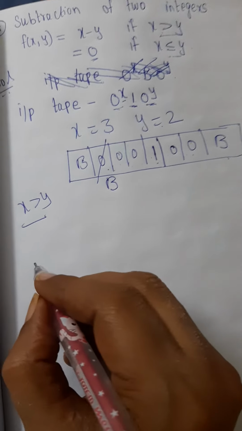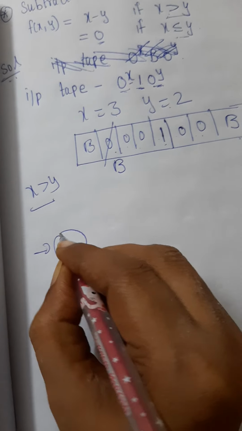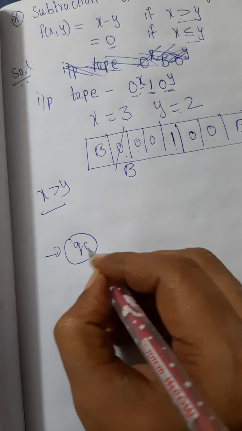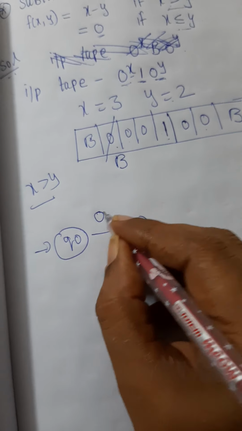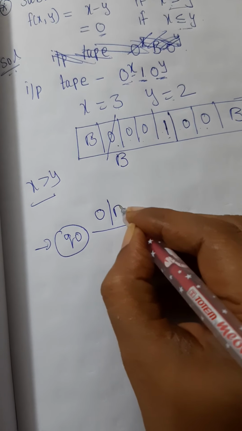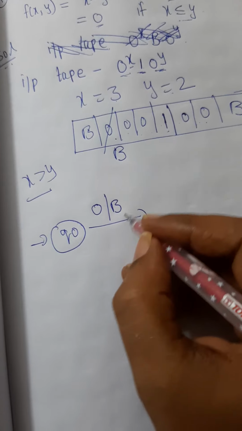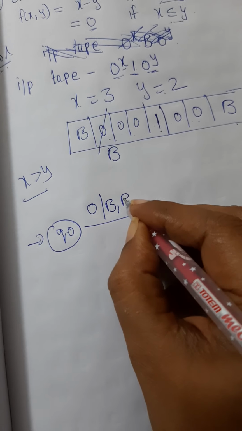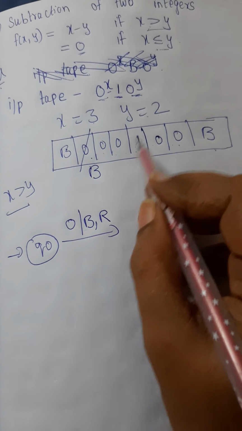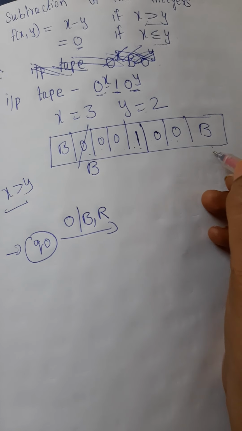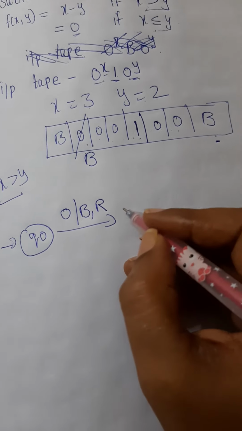We will see that first. So Q0: when you see the first zero, make it blank and move right. Now all the zeros and the 1, you just go on skipping until you find the blank.